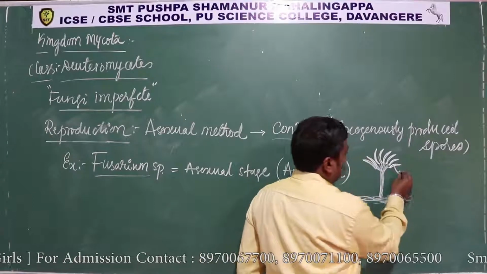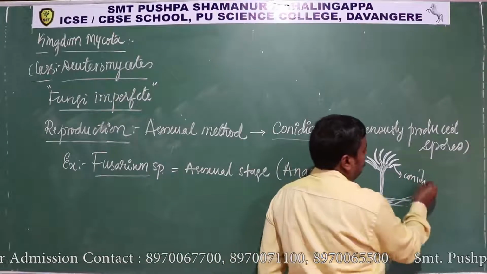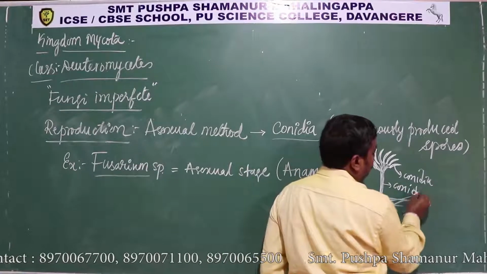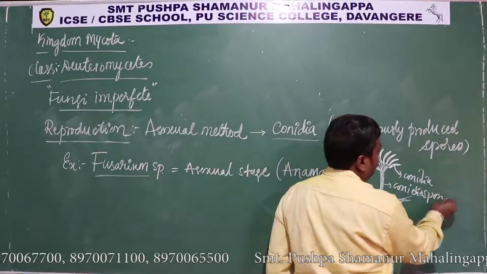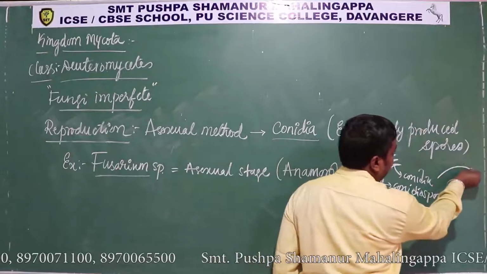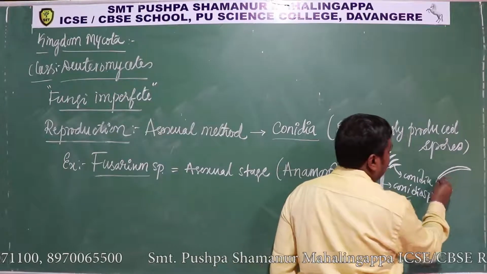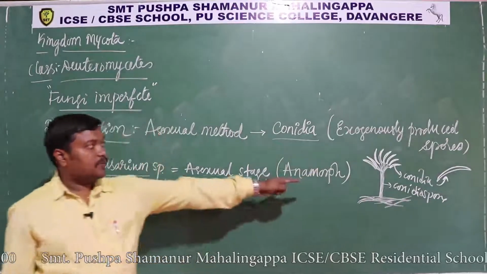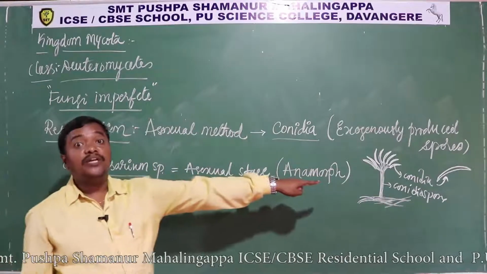Okay, so this is conidia and this is conidiophore. So conidia is like this. Okay, so in the asexual stage it produces the conidia like that on a conidiophore.